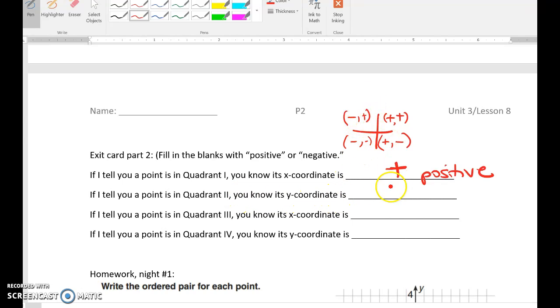The second one, positive. If I tell you a point is in quadrant 3, you know its x-coordinate is negative because both coordinates in quadrant 3 are negative. And if I tell you a point is in quadrant 4, you know its y-coordinate is also negative.